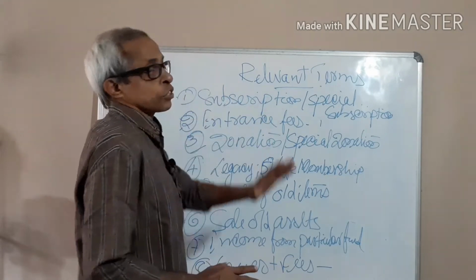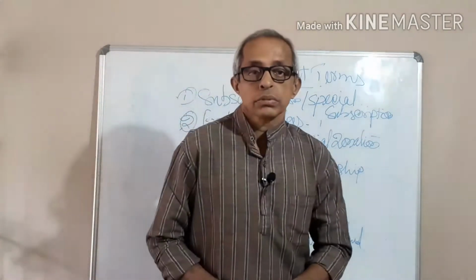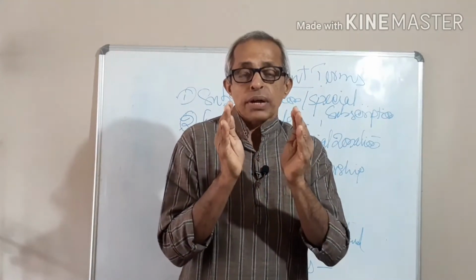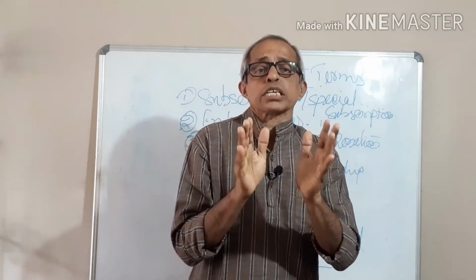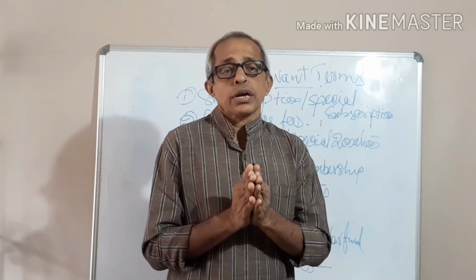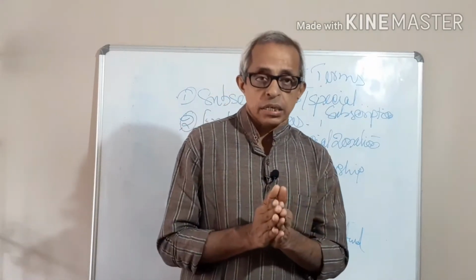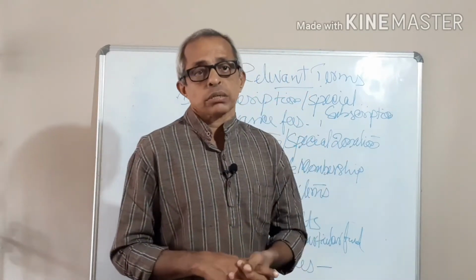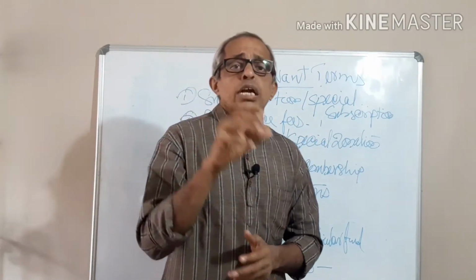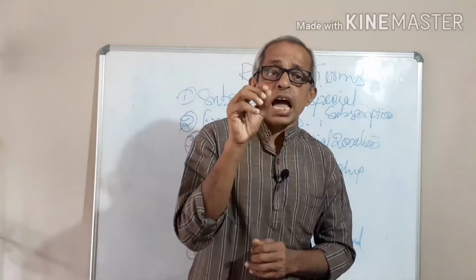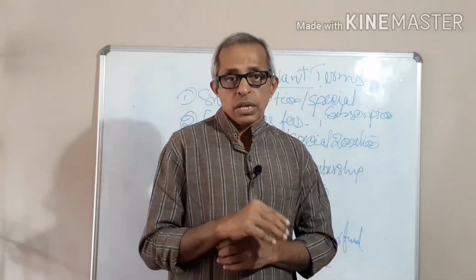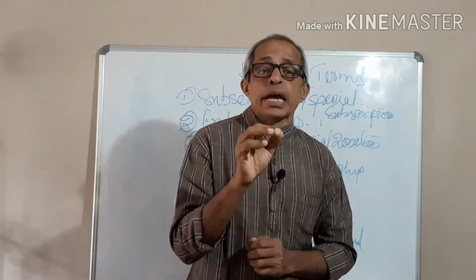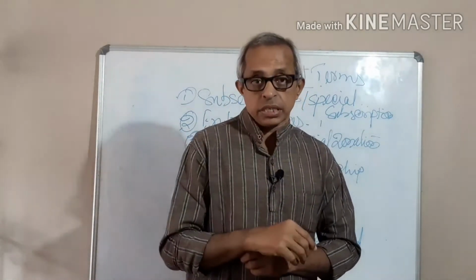The first item is subscription. Subscription means when a person is admitted to a non-trading concern, such person is required to pay subscription. That subscription amount is annual in nature. That is, every year, that particular person may pay subscription fees.